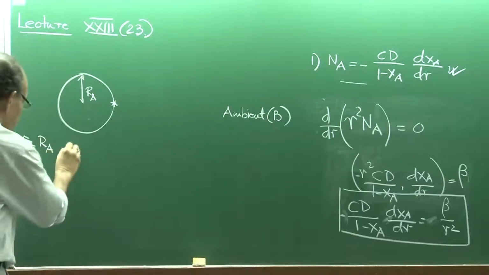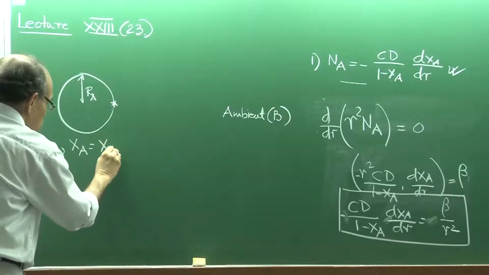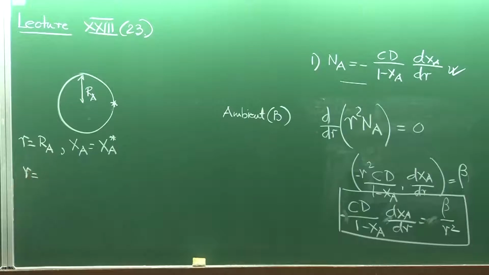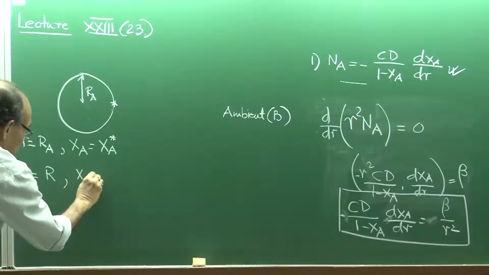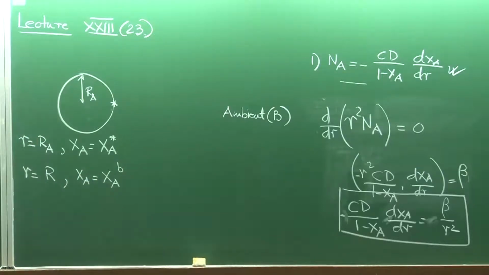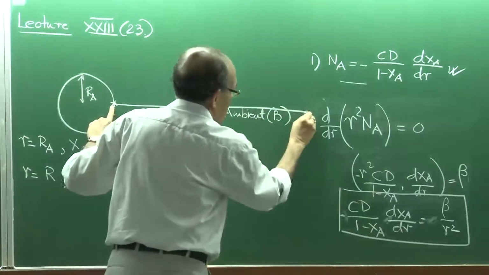We say that x of a is equal to x of a star at r equal to some r, say capital R. And this r essentially represents, say, this r.